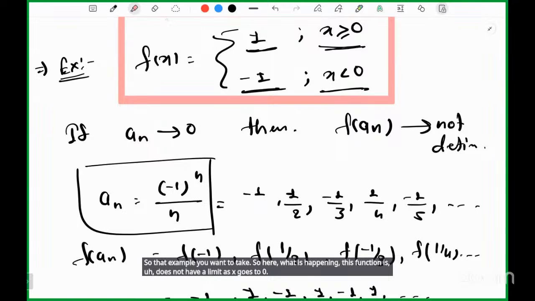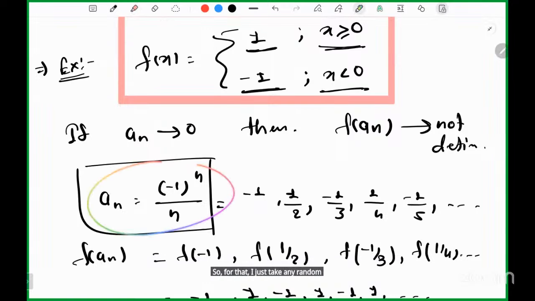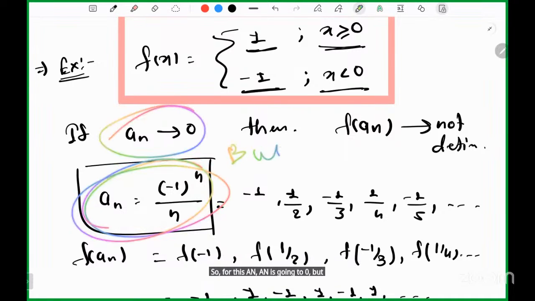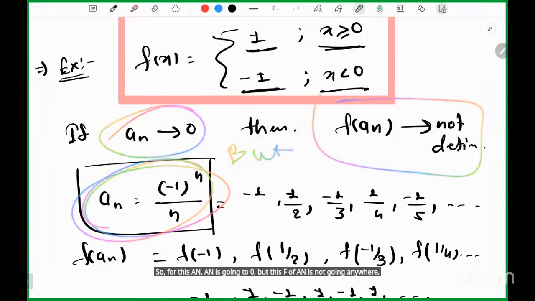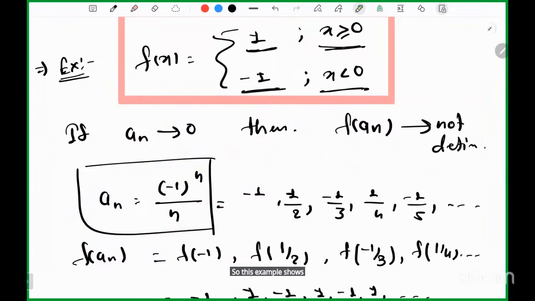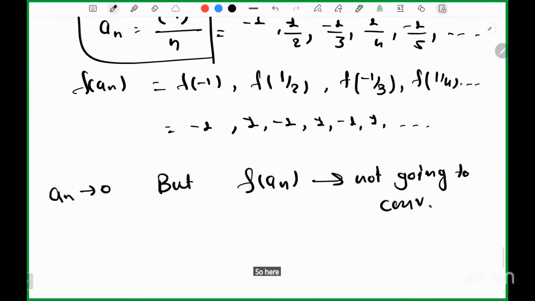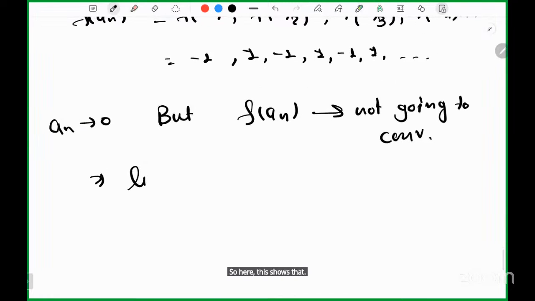For that, I take not a random an, it's a well calculated an. This an is going to 0, but f of an is not going anywhere. So this choice of an shows that the limit as x goes to 0 of f of x does not exist.